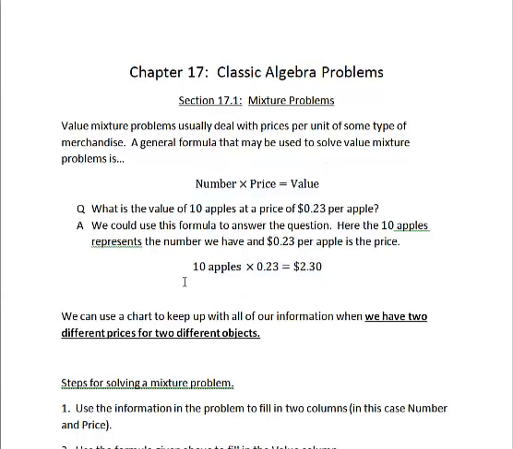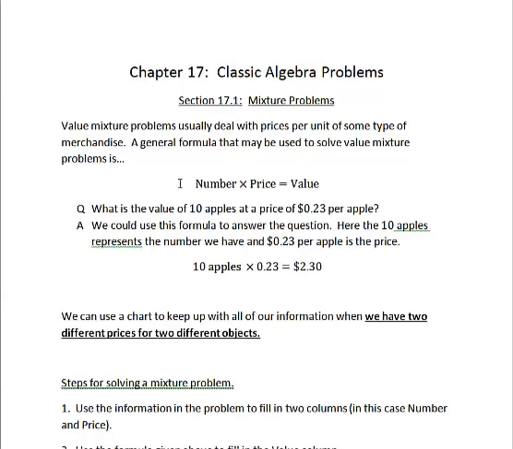but these aren't the classic algebra problems that we're going to be solving. These classic algebra problems involve the application of this formula twice. So for instance, we have a number of apples and oranges that are bought at different prices and a different number of each, and then each one of them would have their own value, and so we could add those together to get a total value.